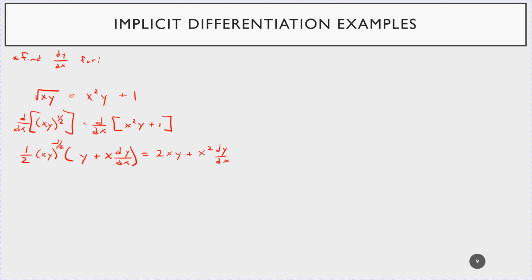So I'm going to distribute this, but I'm going to move the square root to the denominator. So this is y over 2 square roots of xy plus x over 2 square roots of xy dy/dx is equal to 2xy plus x squared dy/dx.